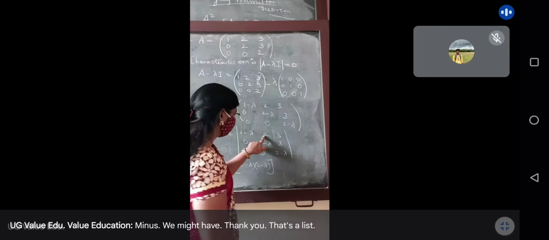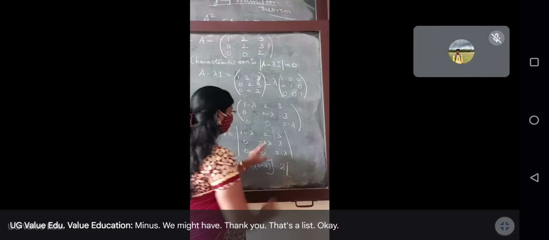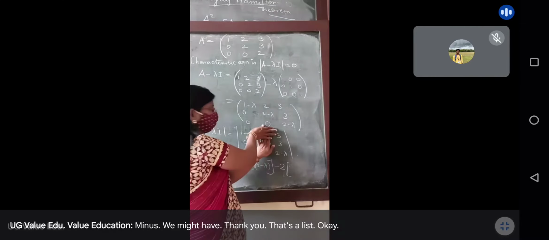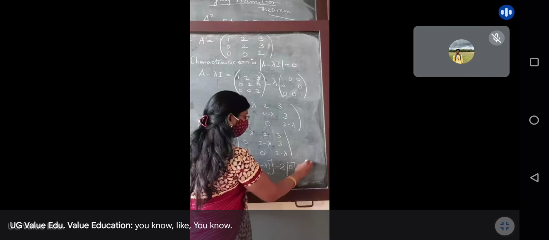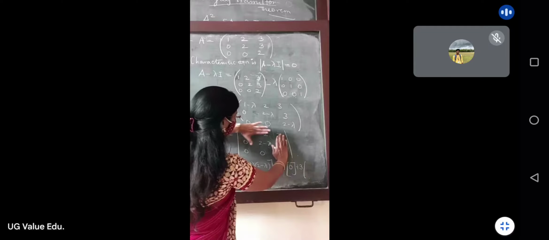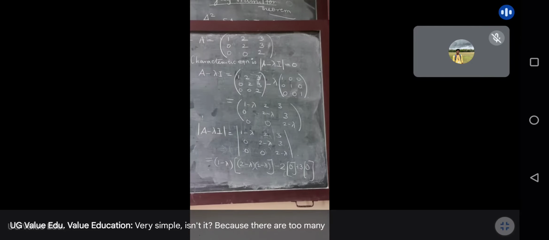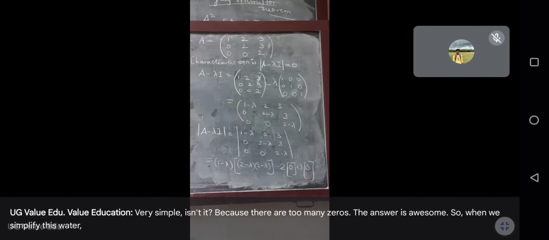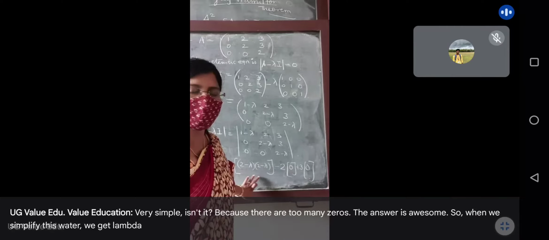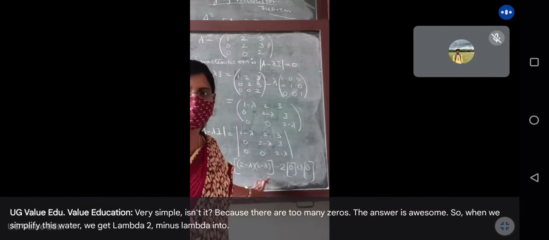Then the second one, we write, so this row, this column removed, 0 into this, 0. Next one is plus 3, so this row and this column, 0 minus 0. Very simple, isn't it? Because there are too many zeros, the answer is simple. So when we simplify this, what do we get? 1 minus lambda into 3 minus lambda into 1 minus lambda.